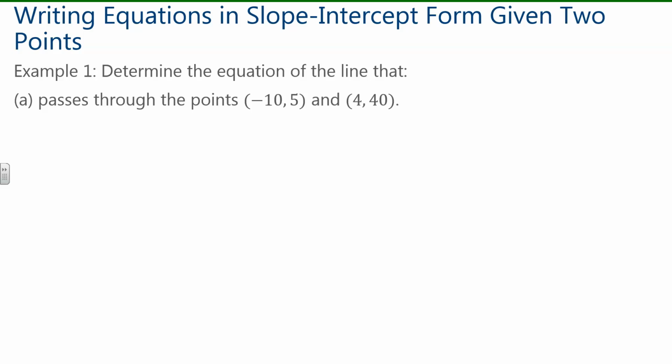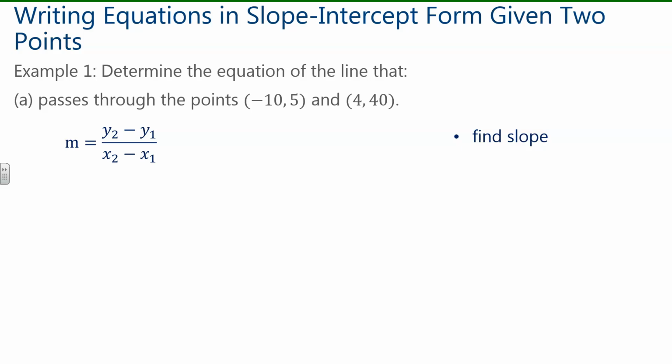So for example 1, we have to determine the equation of the line that passes through the points negative 10, 5 and 4, 40. So to do this, we'll start by finding the slope. So we'll use our slope formula, y2 minus y1 over x2 minus x1.